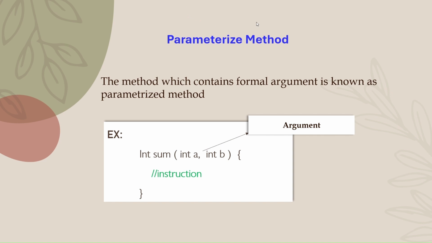I hope you understand the parameterized method also. It's a simple thing: creating variables inside the method's parentheses makes it a parameterized method, and the variables created there are considered arguments.